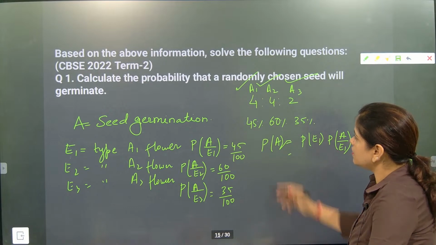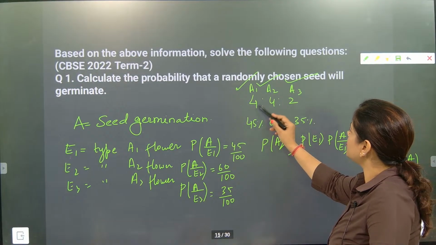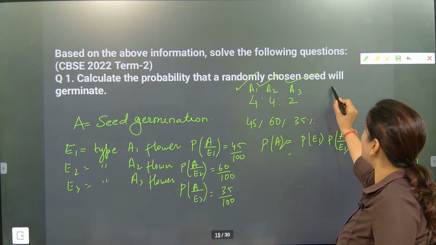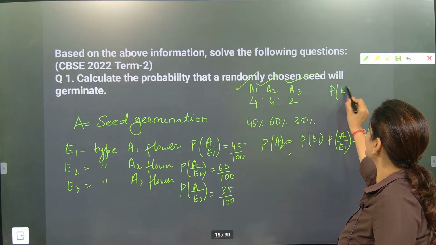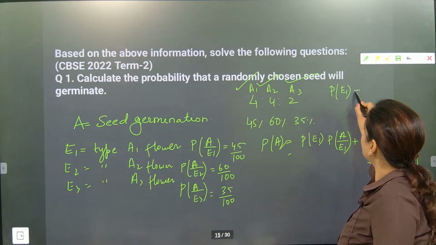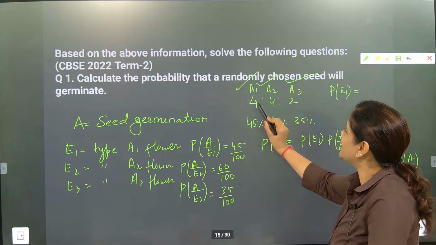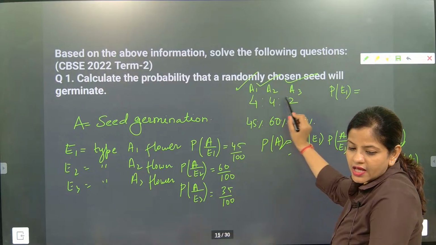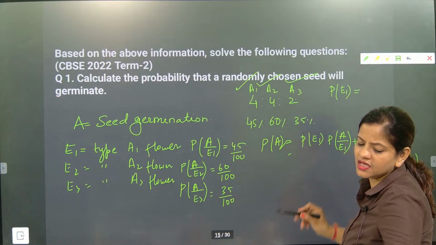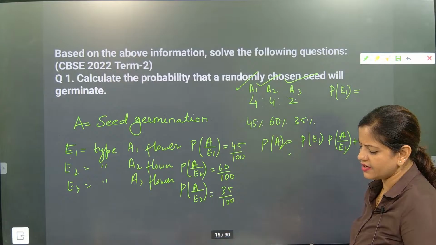Now we have all the formulas. The ratios are there, but, beta, first we have to find P of E1. What is P of E1, beta? The ratio is 4 is to 4 is to 2. Add it: 4, 4, 8, 8 plus 2 will be 10.